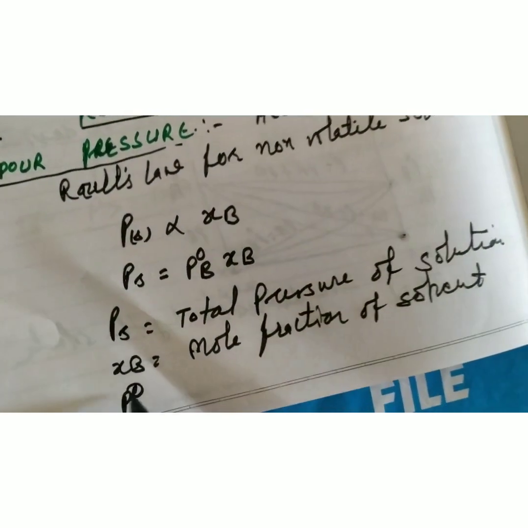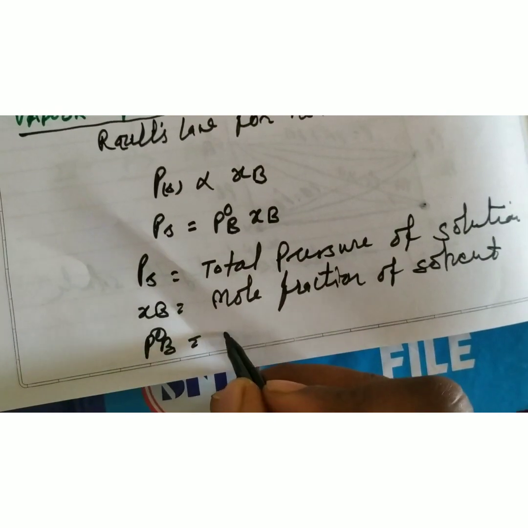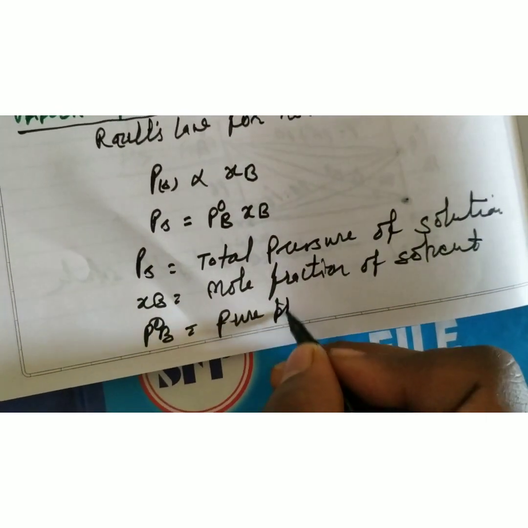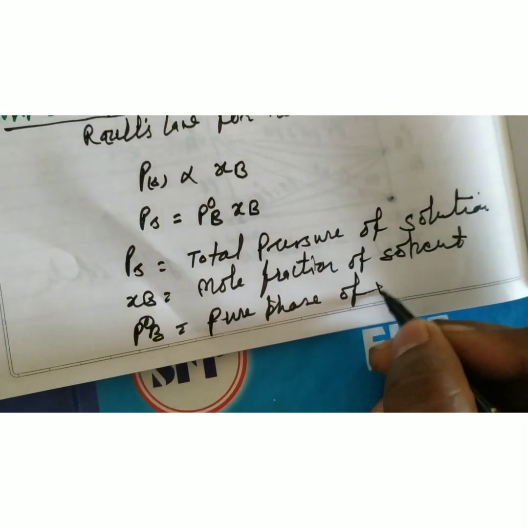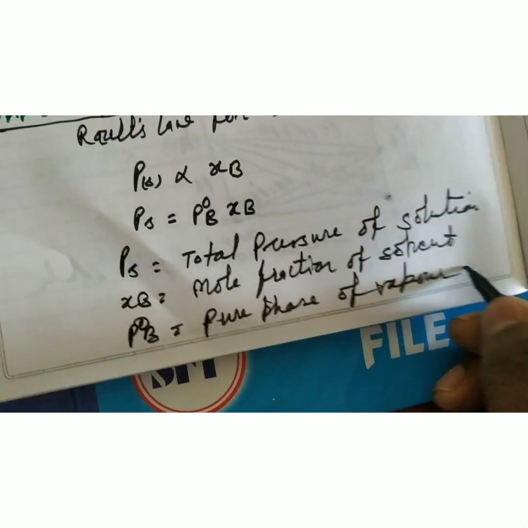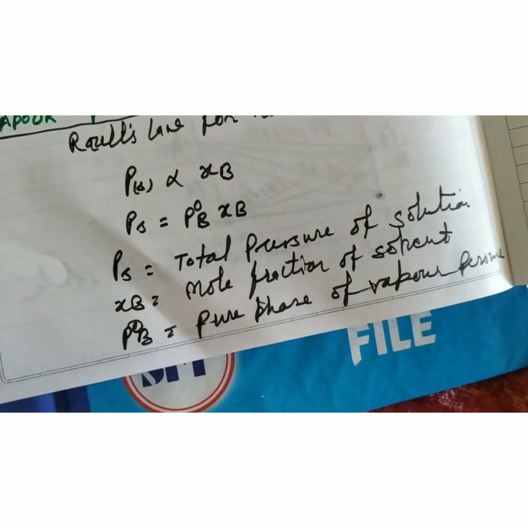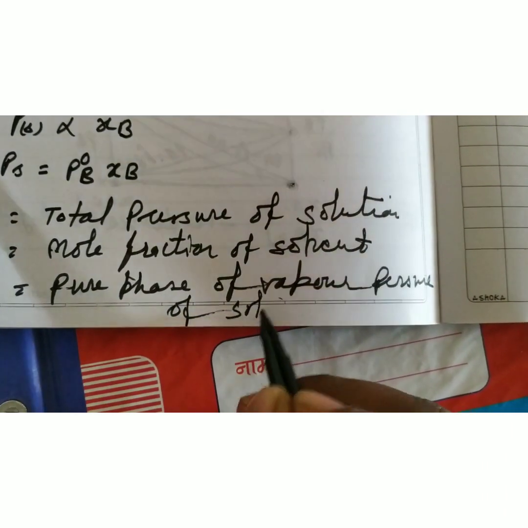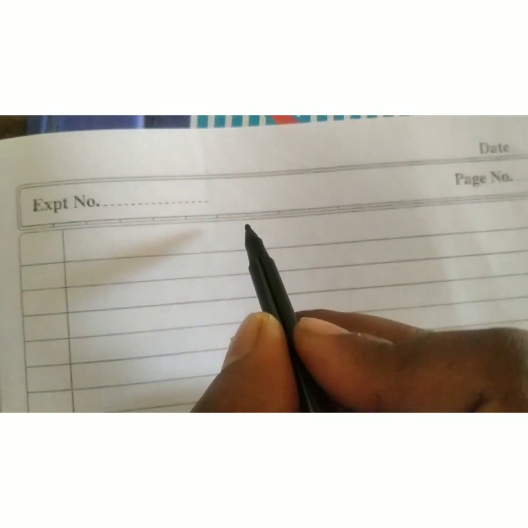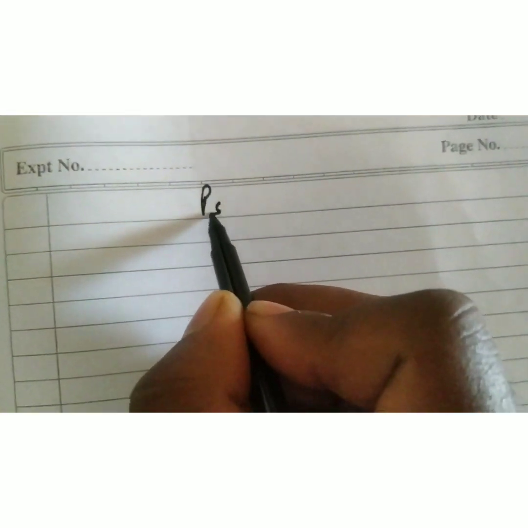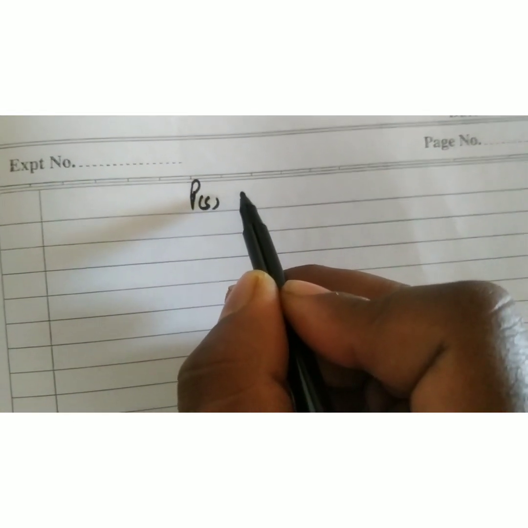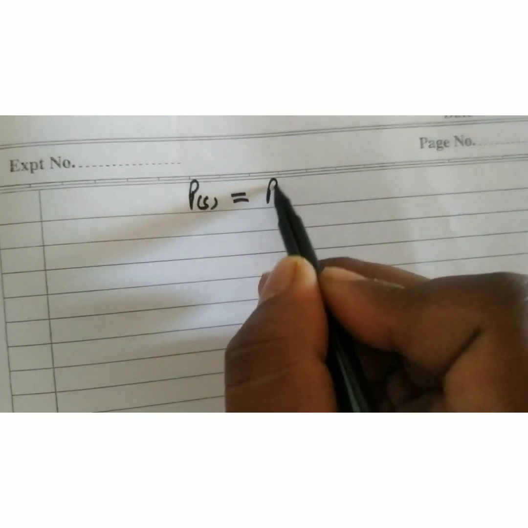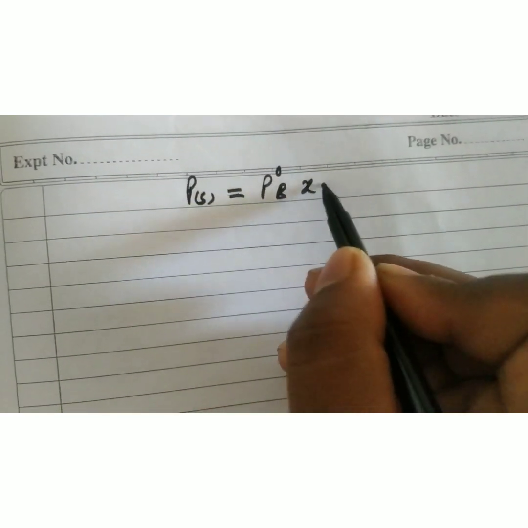And P naught B equals pure phase vapor pressure of solvent. Okay, now we have pressure of solution PS equals P naught B XB.